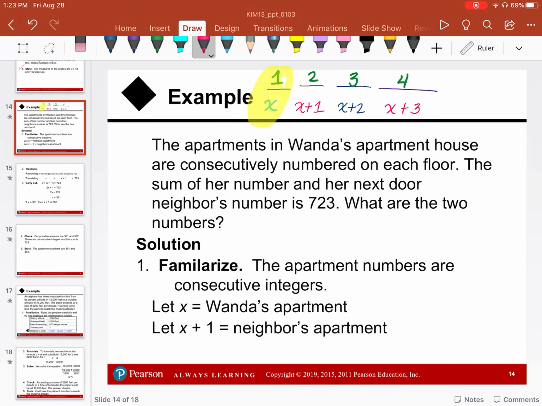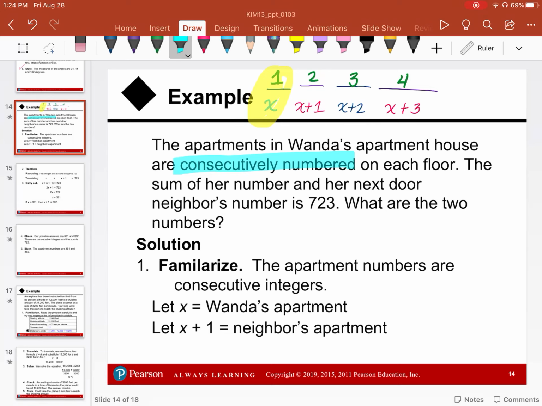All right, so our question is telling us that we're working to find out what the two apartment numbers are, but we know that they're consecutive numbers. So consecutive means right next to each other. And the sum should be 723.